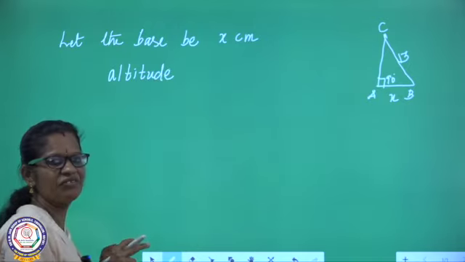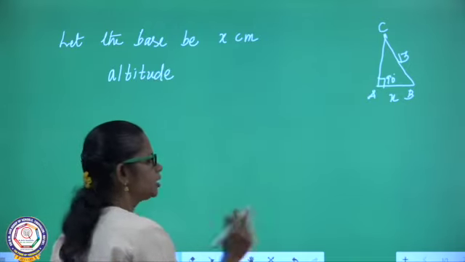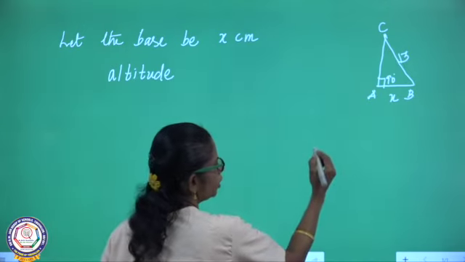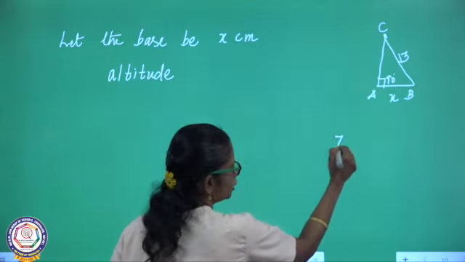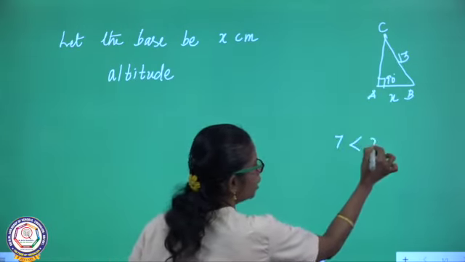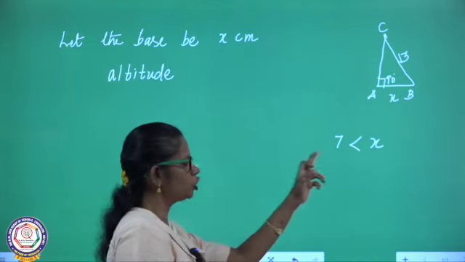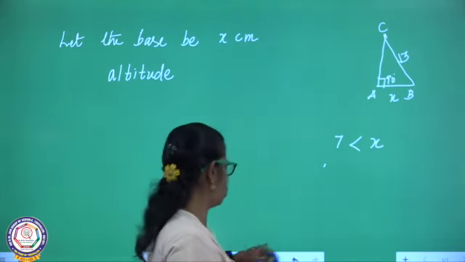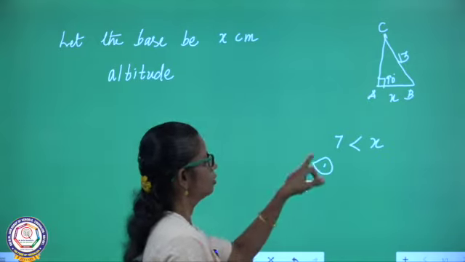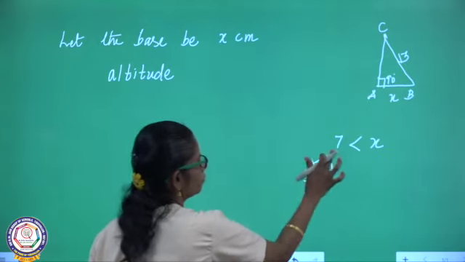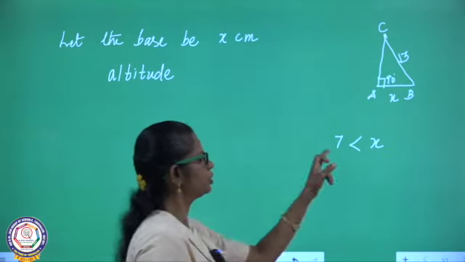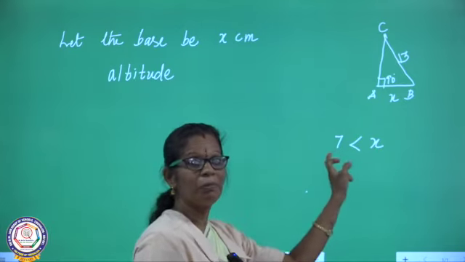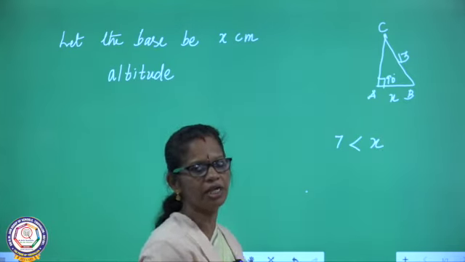Altitude is 7 less than x. How do you write 7 less than in terms of algebra? When you shift 7 to that side, plus 7 will act as minus 7.